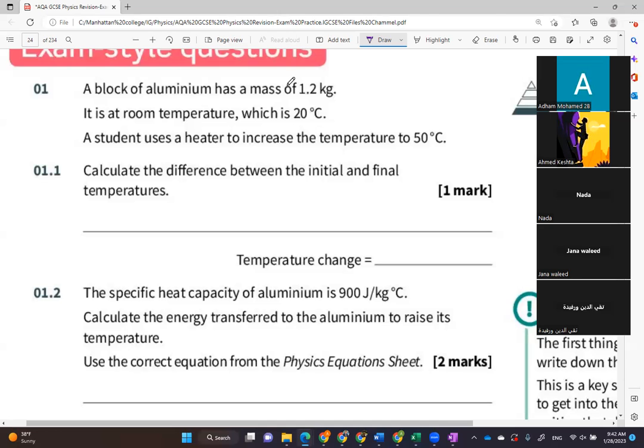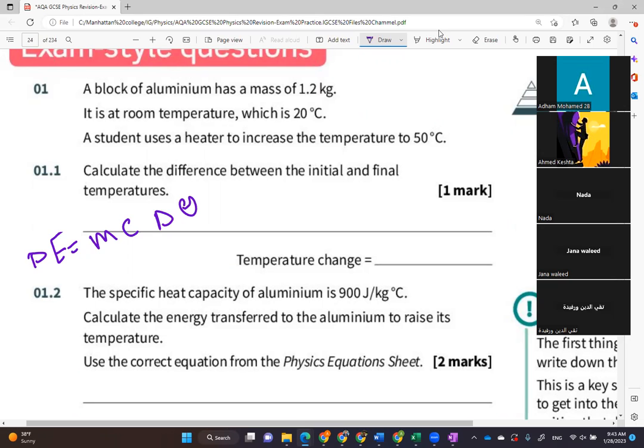I'll give you 3 minutes to answer this. I need all of you to participate. You have everything. So we need to find the E. If you need the equation, I'm going to provide you with the equation. Delta E equals m c delta theta.